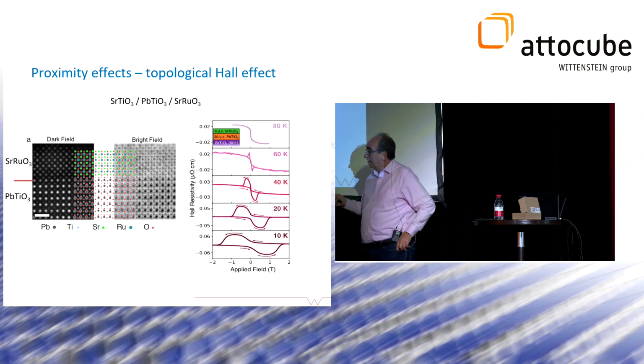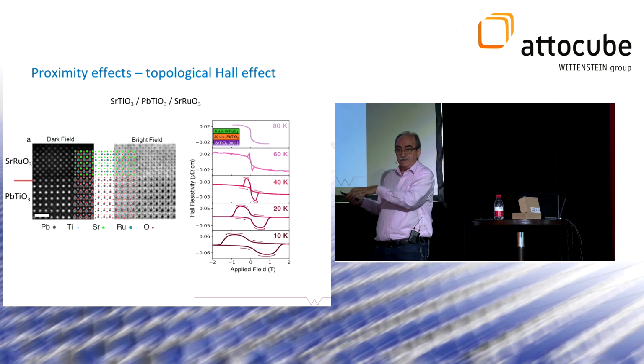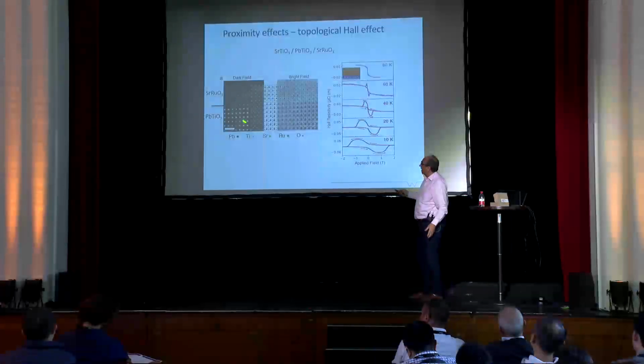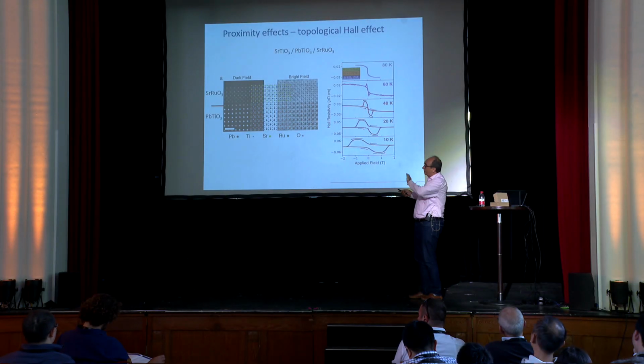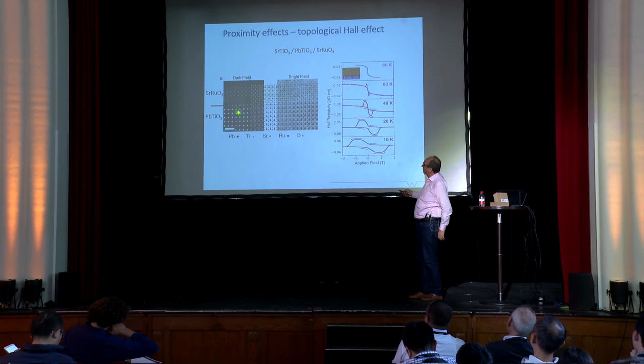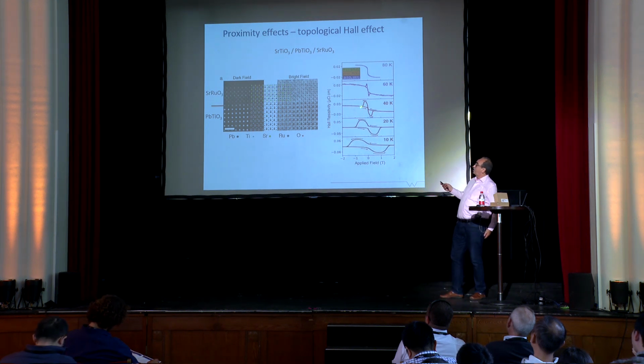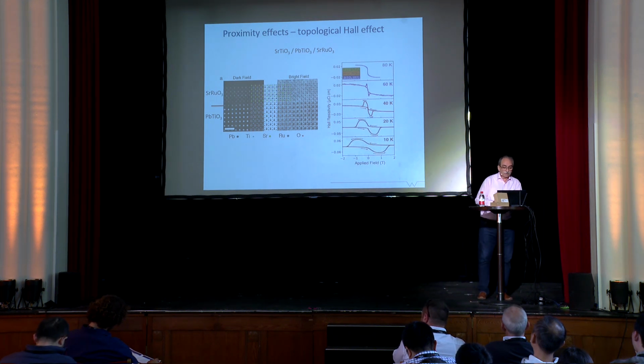This is the lead titanate, so you see here the transmission electron image with atomic resolution, and then you have dark field, bright field. I'm not getting into details. You see exactly the atom arrangement here. It's a very high quality strontium ruthenate, and it shows this topological Hall effect very nicely.